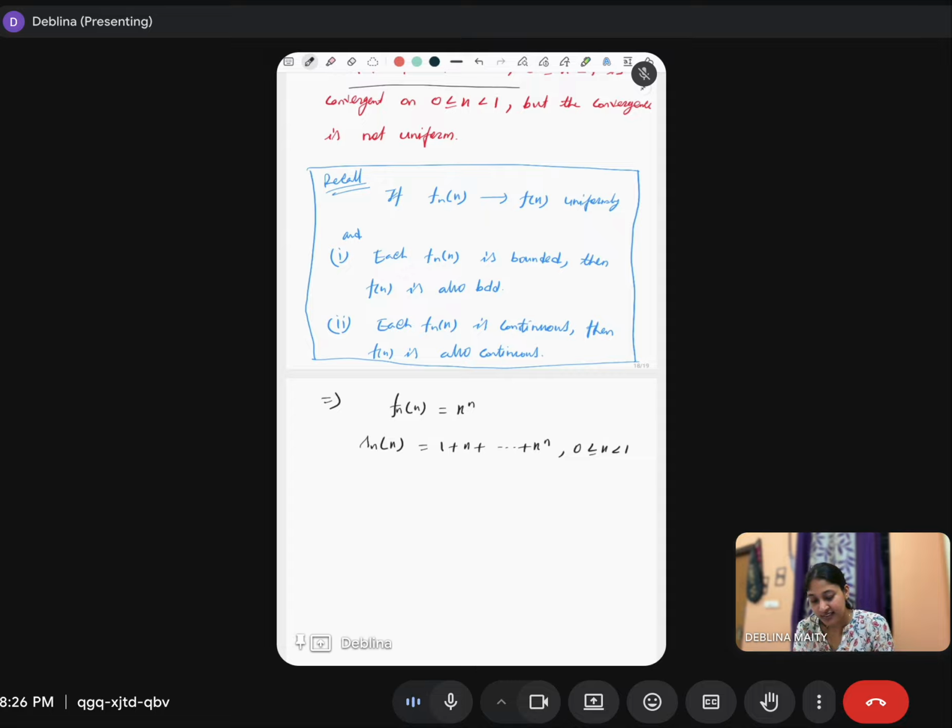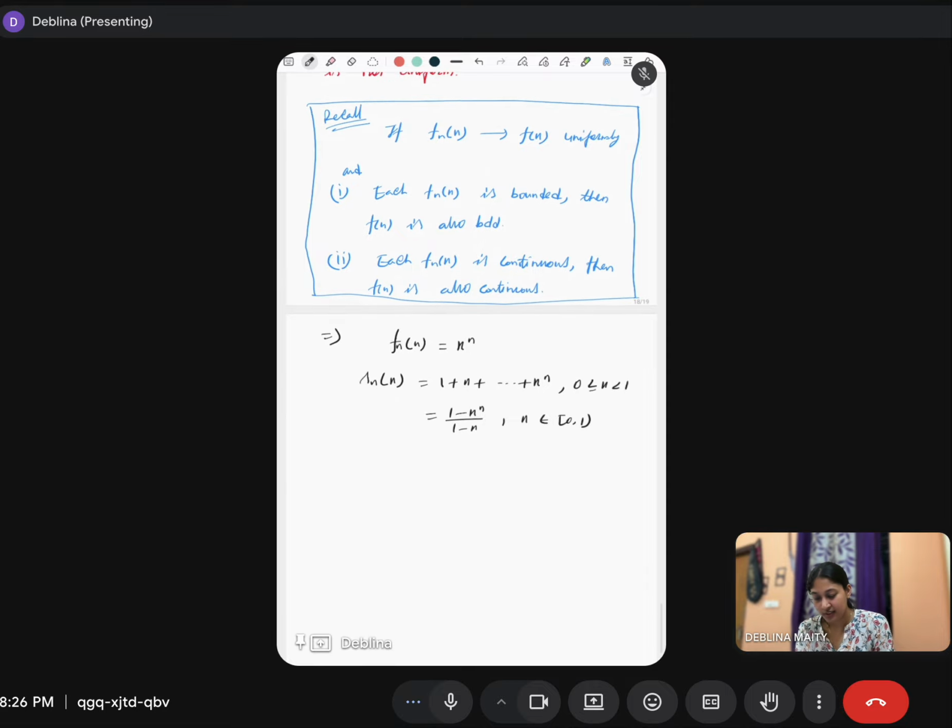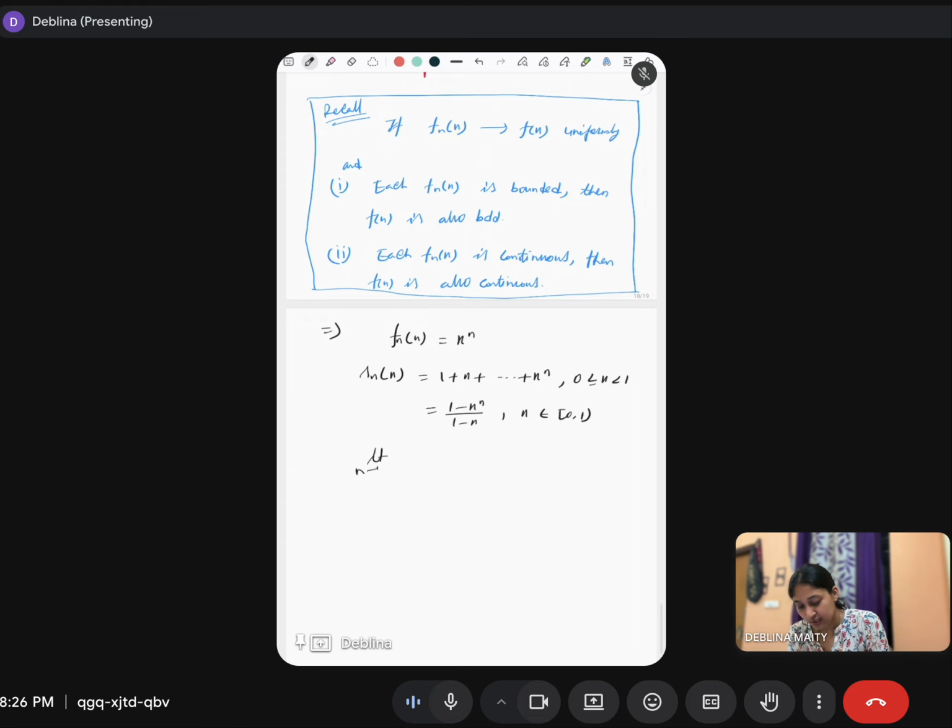And since x is less than 1, this value is (1 minus x to the power n) by (1 minus x) on [0,1). Right? So when n goes to infinity, S_n(x) is 1 by 1 minus x.